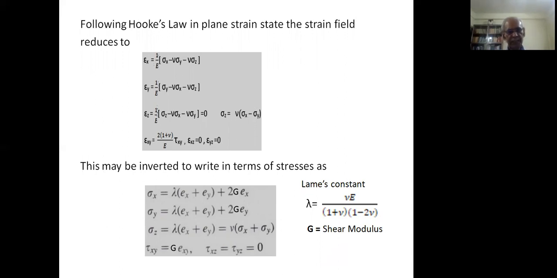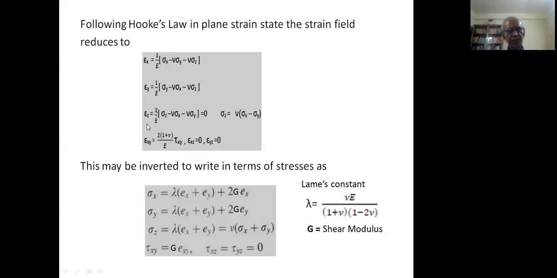So sigma z will be here. And epsilon y will be 1 by E times (sigma y minus mu sigma x minus mu sigma z).